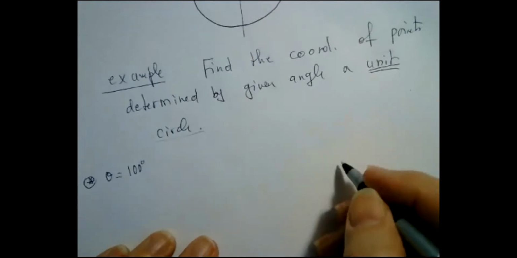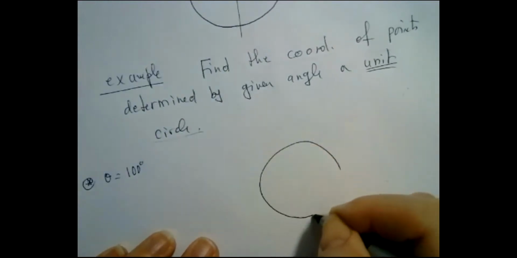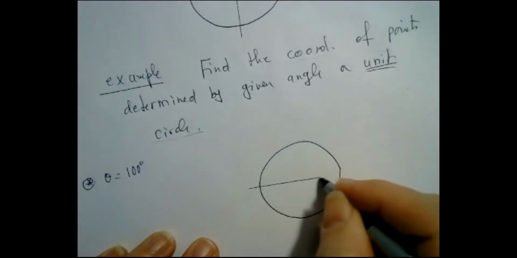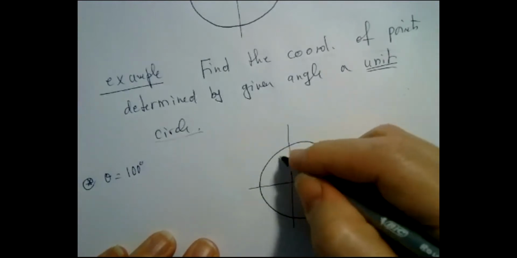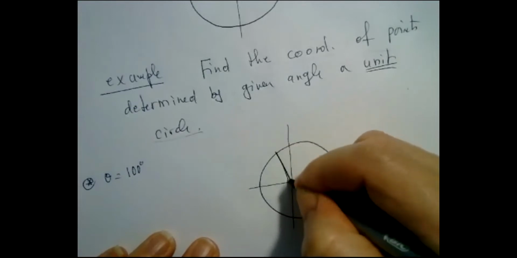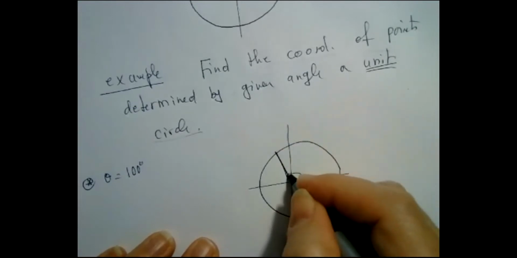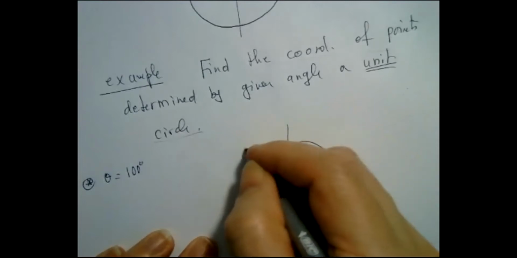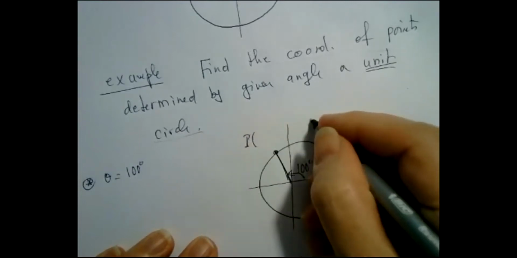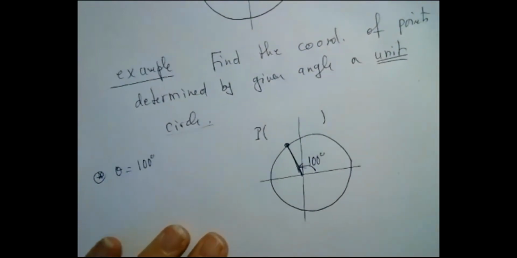What I mean is the following. I'm going to take the unit circle. Sorry, assume this is a unit circle. And I'm going to take 100 degrees here. The question is, find the coordinates of this point. That's really what the question is.